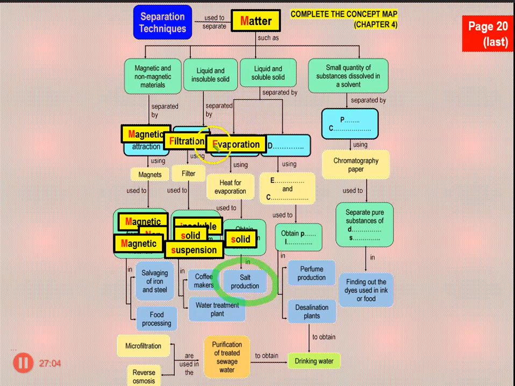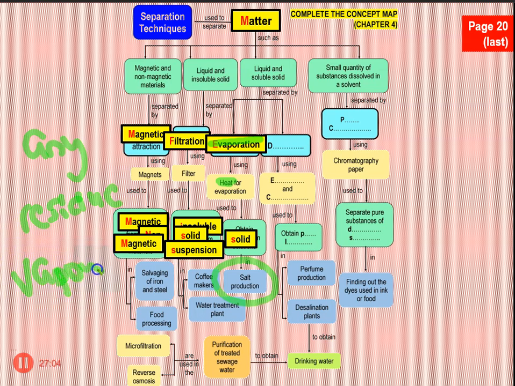All right, so in evaporation we can use heat. Now evaporation can take place at any temperature. You do not need to provide heat, but when we use heat for evaporation, we are able to get the solid to be left behind as a form of residue, because all the solvent has become vapor.